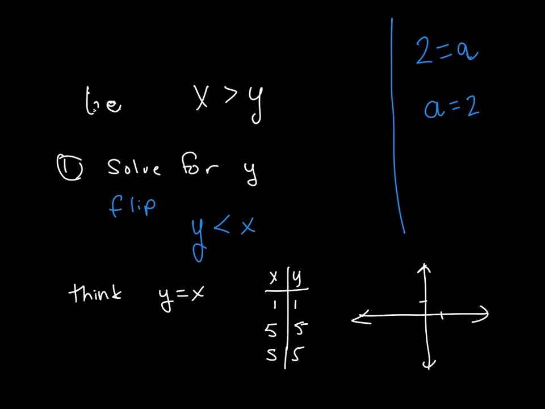Whenever I have 1 and 1, that would be my point. If it was over here at 4 and 4, that would be my point, and it goes. And this is a dotted line because of the symbol.